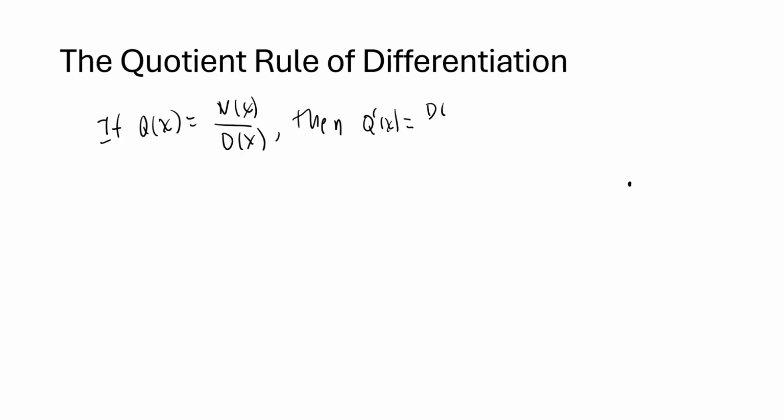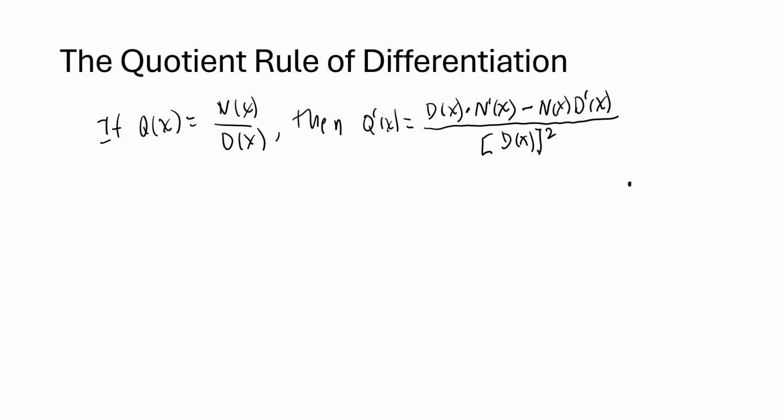That's d of x times the derivative of the numerator minus the numerator times the derivative of d of x, that quantity divided by the denominator quantity squared. So that's going to be our basic formula.